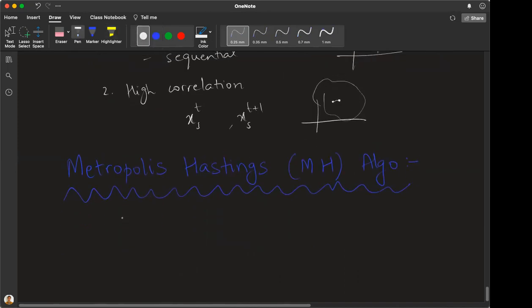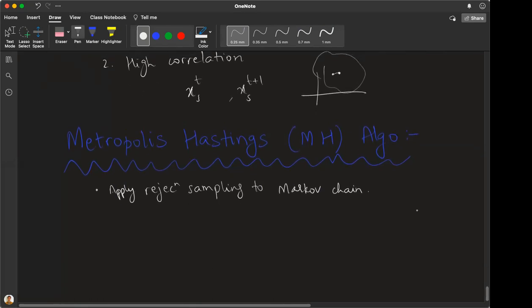Basically it is a Markov chain method where we are applying rejection sampling. Okay, let's try to derive this algorithm. We will have to keep in mind the theory of Markov sampling and the theory of rejection sampling.